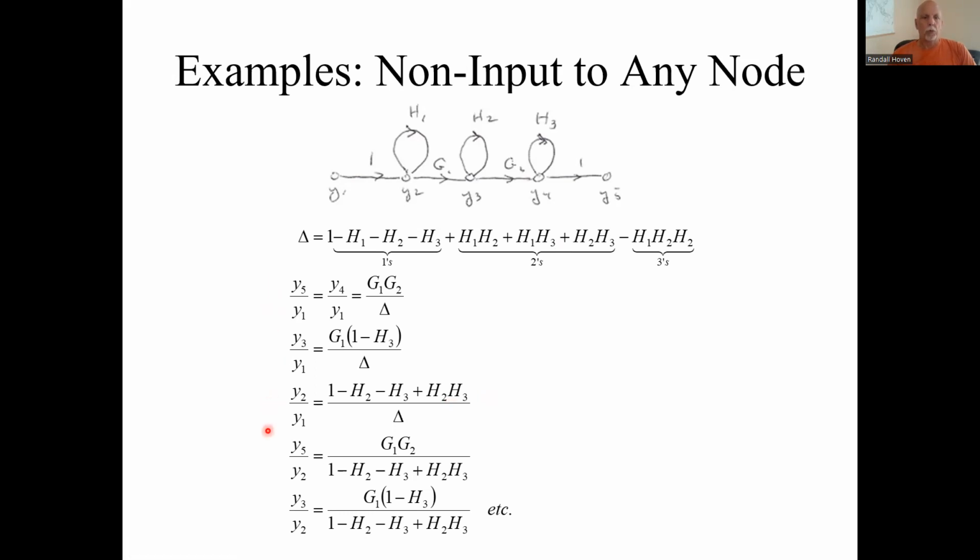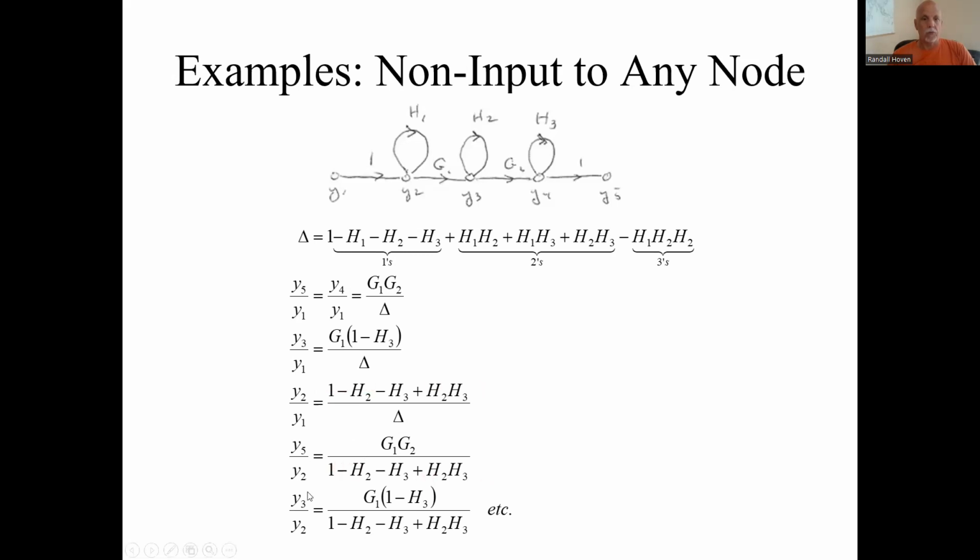So these are three transfer functions, each starting at the input node. Now say I want from node 2 to node 5. I ratio. Here's 5, here's 2. I just ratio the numerators. 1 G2 over this guy.